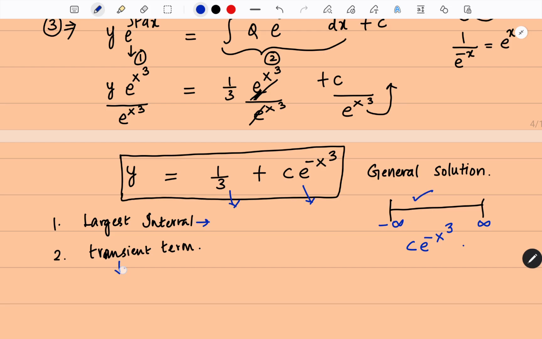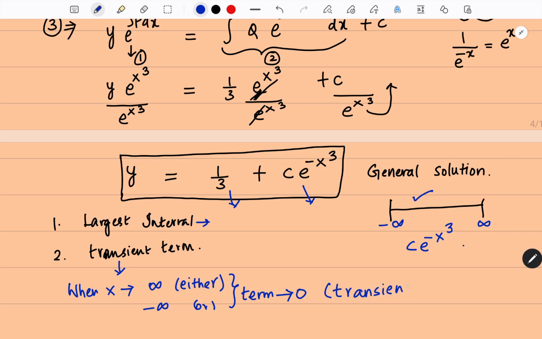The transient term, I said, is when x tends to either plus infinity or minus infinity, and the term must become 0. If the term vanishes to 0, then that term is called the transient term.